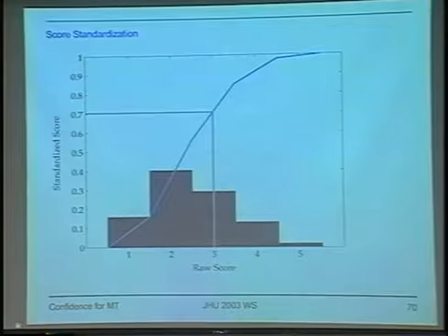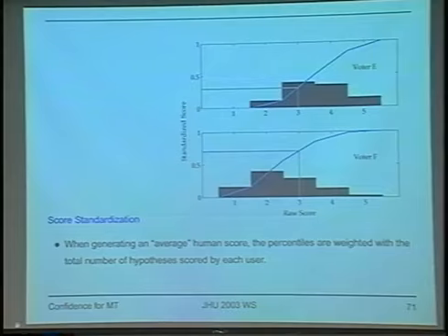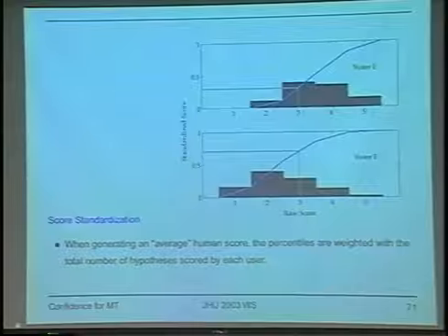So I think this is fairly clear. And as you can see, the computer improvised a new layout for this slide, but you kind of get the idea. The 3 for voter E is around 0.3, whereas a 3 for voter F is around 0.7. So it's taking into account these discrepancies.